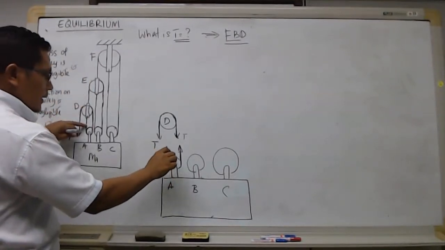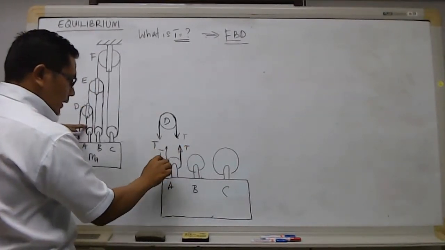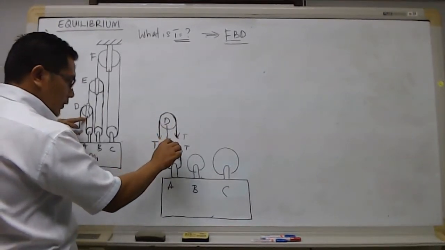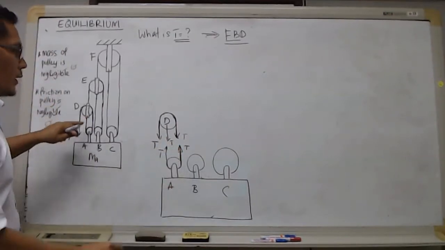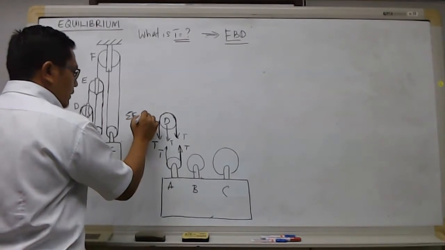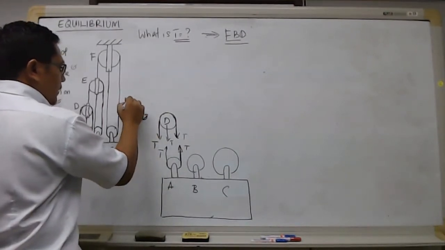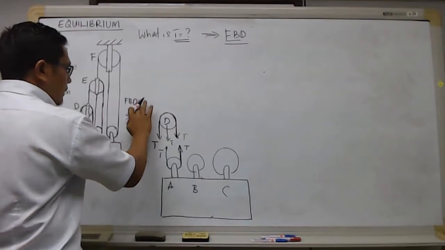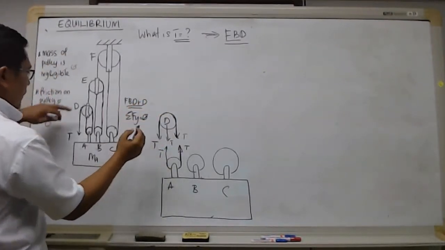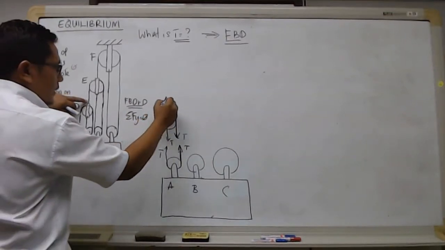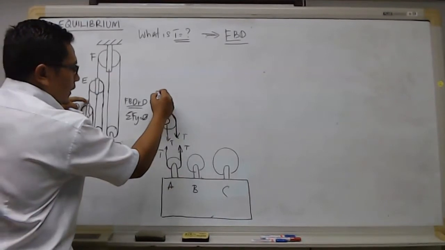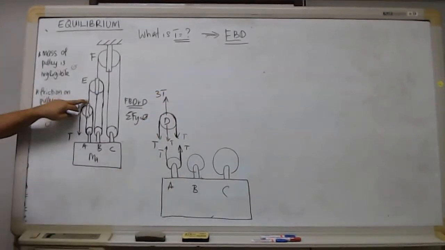So this is T, this is T. The thing connected to the pulley here is also T. So knowing the equilibrium equation, summation of force Y is equal to 0, for FBD D here, the tension here, 1, 2, 3, so it is 3T.